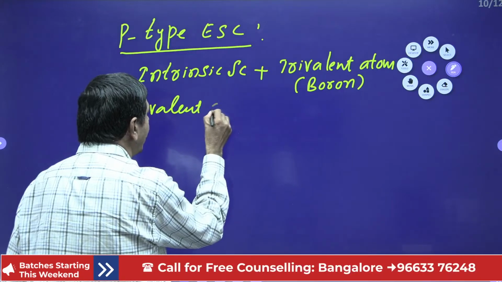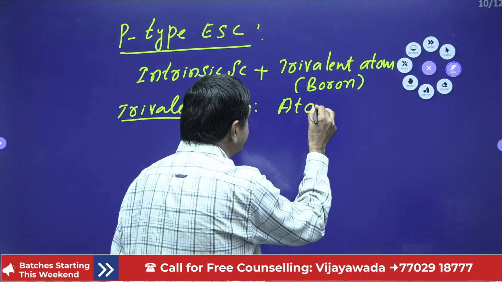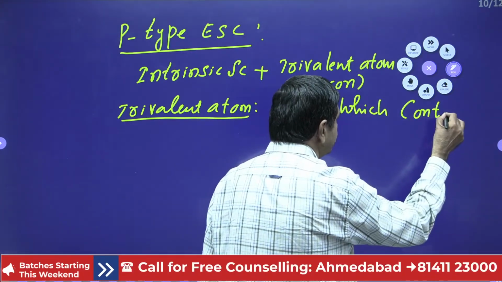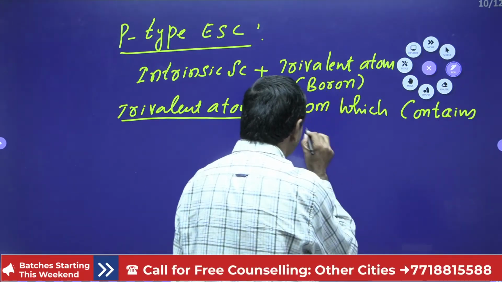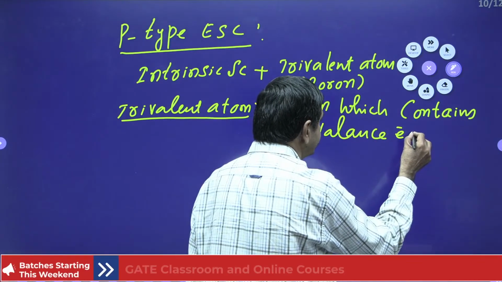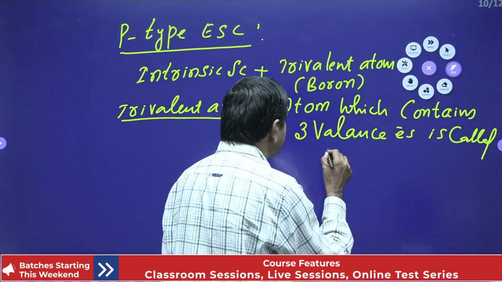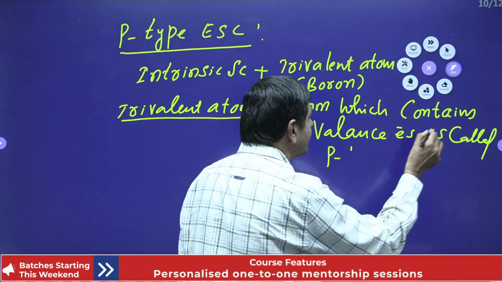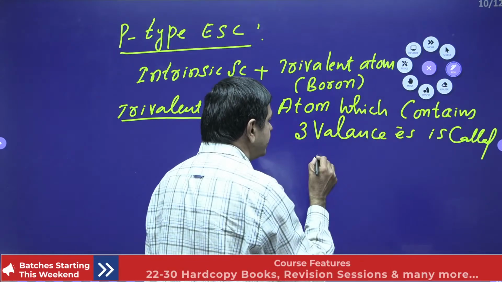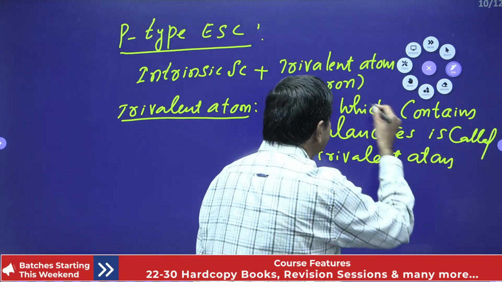An atom which contains 3 valence electrons is called a trivalent atom. Example I gave is boron.